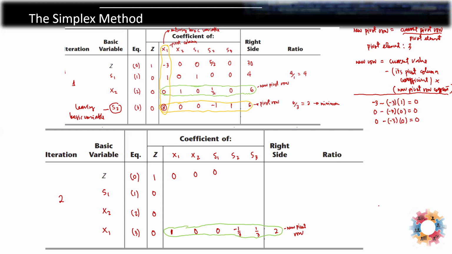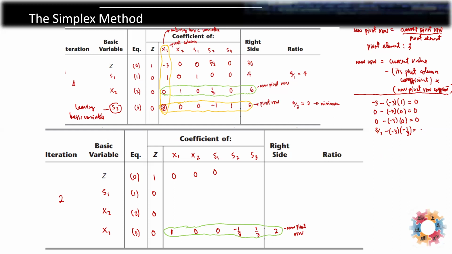And 5 over 2 under S2 minus negative 3 times negative 1/3.